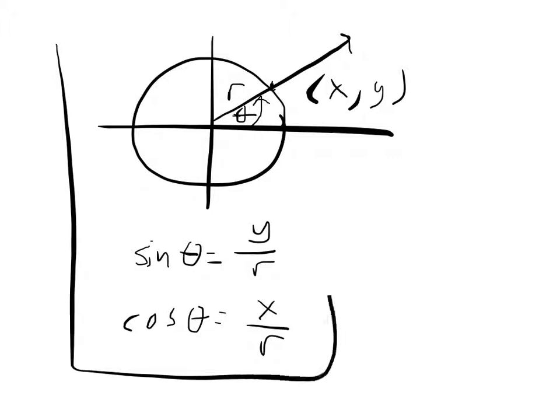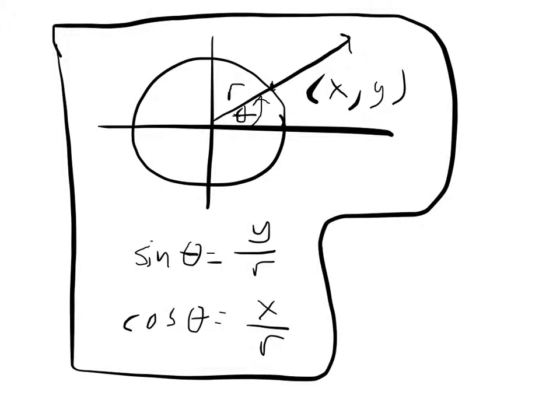This diagram needs to be ingrained. You should see this picture whenever you're asked for the sine of an angle. You should imagine that it's a y-coordinate, a vertical length, divided by a positive number, because the radius of a circle is always positive. For the cosine of an angle, I'm looking for the x-coordinate of the point on the terminal side of the angle that coincides with some circle.